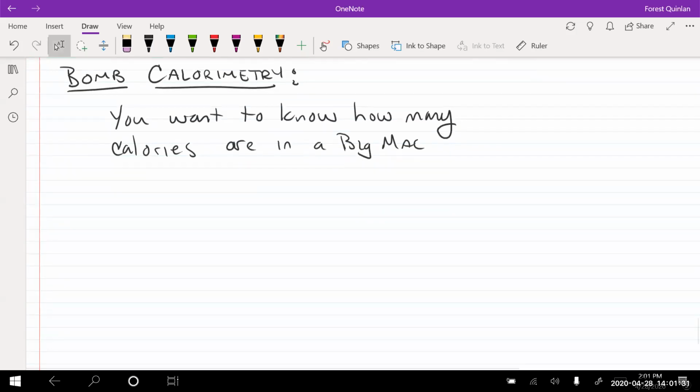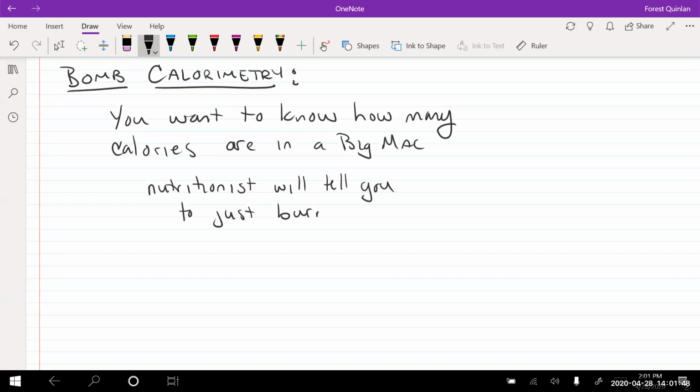Now, nutritionists will tell you to just burn it, which is one of the ways they do this. So what do we mean by just burn it? And I'm telling you, you will just burn it. But why would a nutritionist tell you to burn your Big Mac?